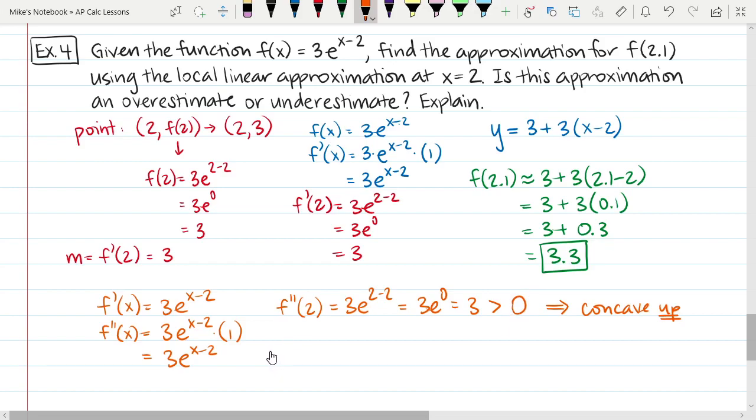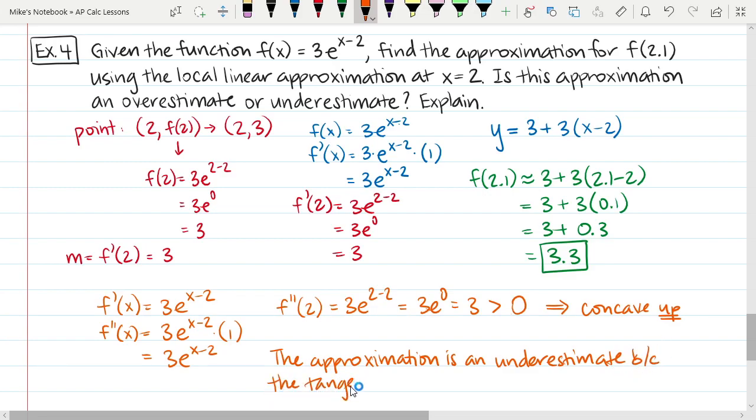So therefore, the approximation is an underestimate. And again, that's because the tangent line must lie below the function. In this case, that's f of x.